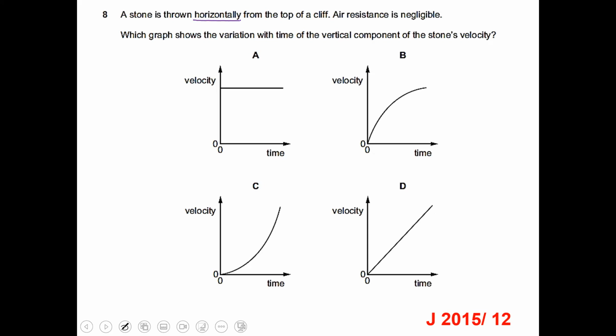He's cleverly talking about only the vertical component. Vertical component, when it is thrown from the top, is initially 0, and then it increases. Vertical component is initially 0 and then it increases.